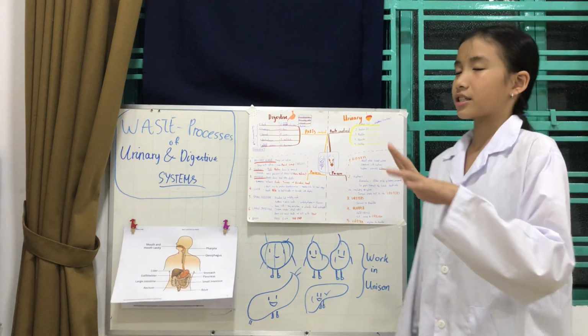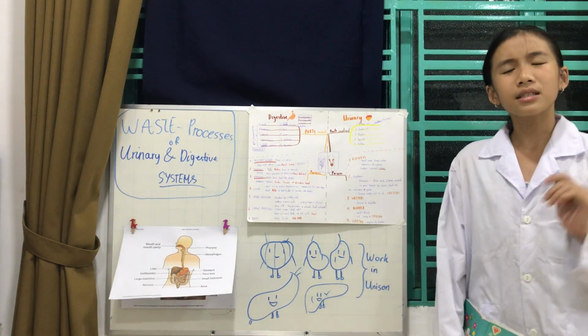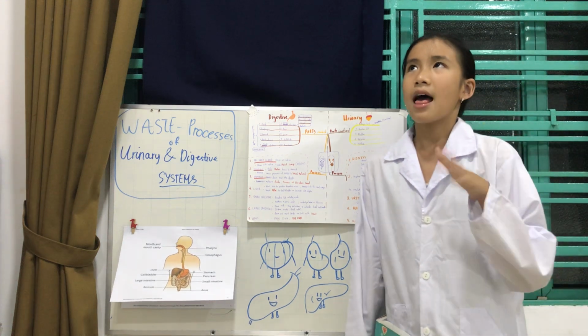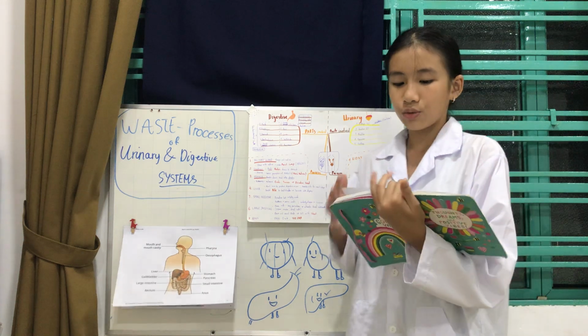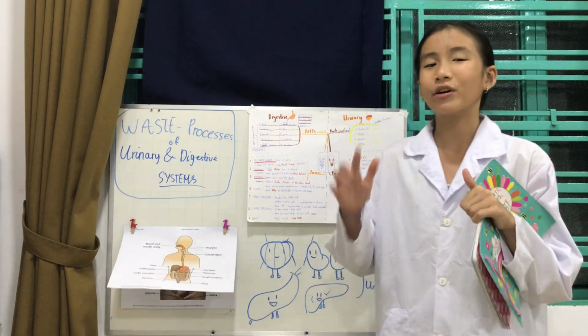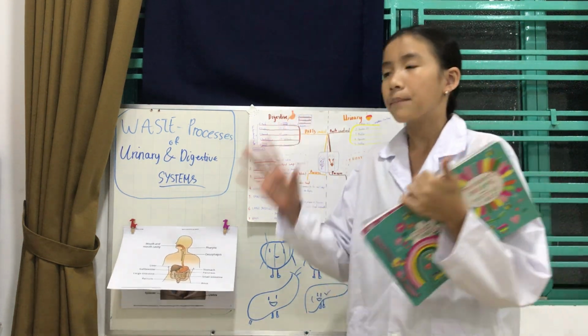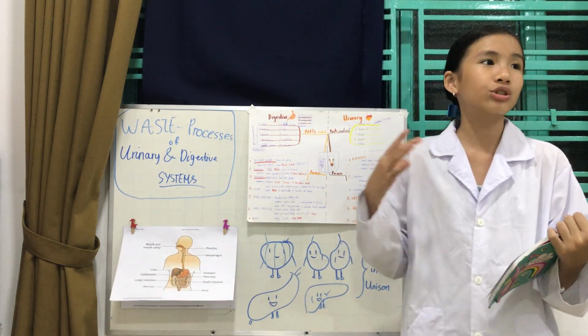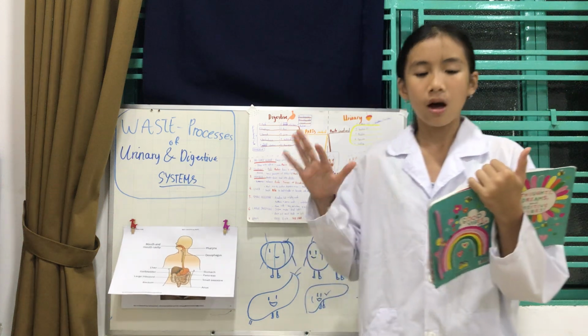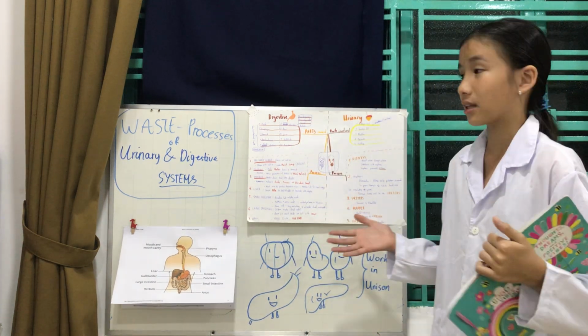What is the digestive system? The digestive system is a system that helps us to digest food when we eat. The average human eats 1 to 2.7 kilograms of food per day. That is 365 kilograms per year, approximately.